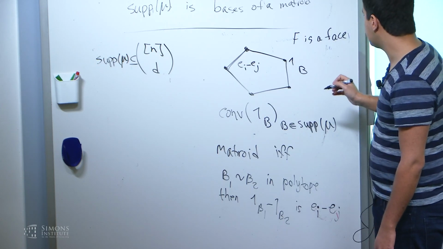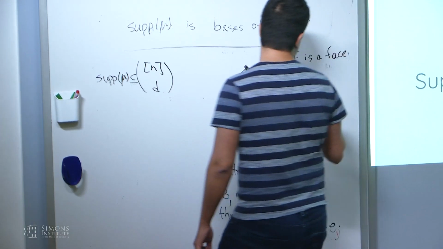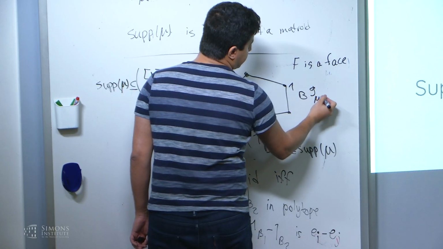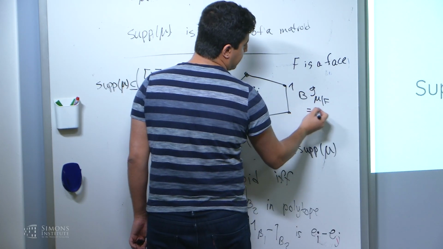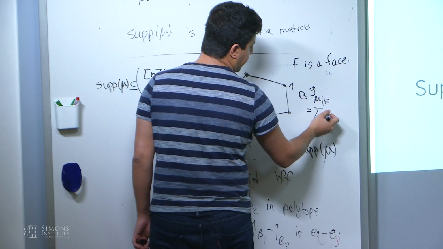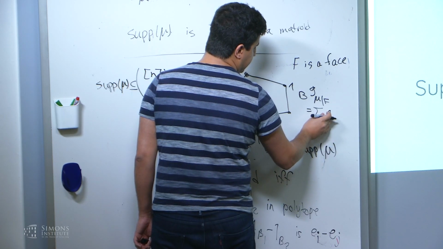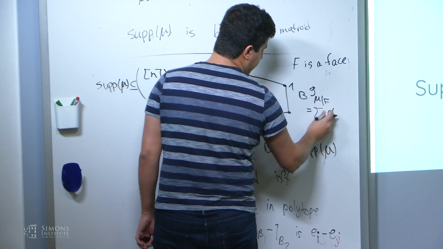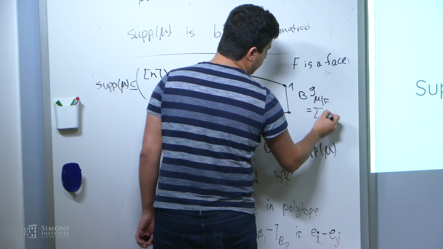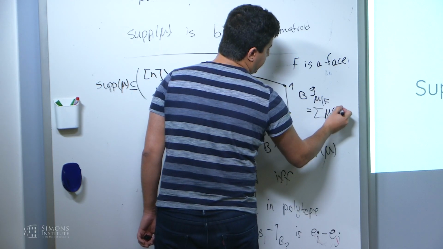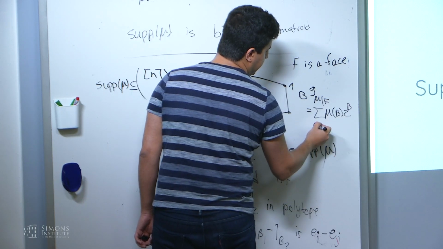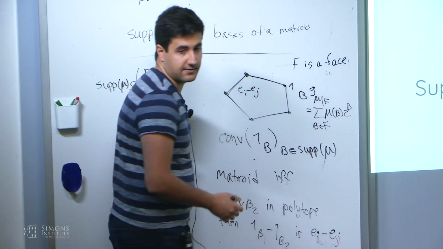and you look at the polynomial g_mu restricted to the face, which is just the sum over mu of b, z to the b, where b is inside this face. Okay?